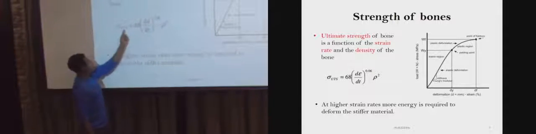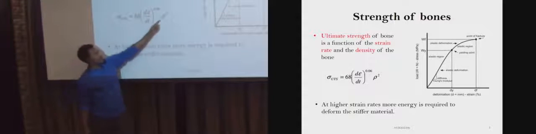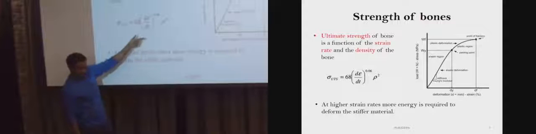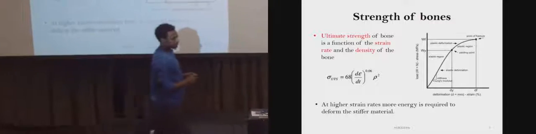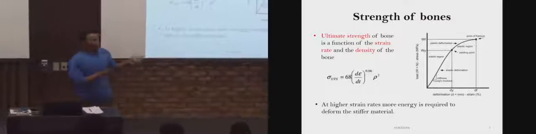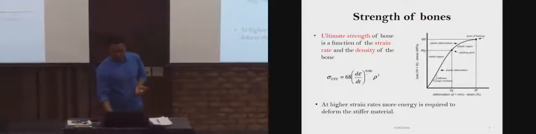So we can say ultimate tensile strength is highly proportional to density because it is ρ squared, right? And it is less proportional to the strain rate, but it is still dependent on strain rate. So this is the final or the highest strength that the bone could have.